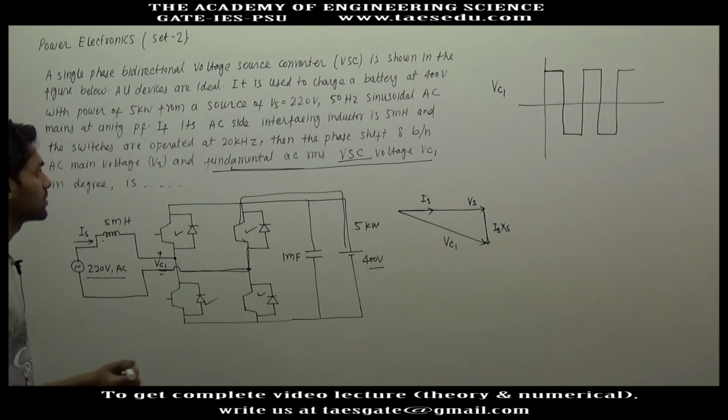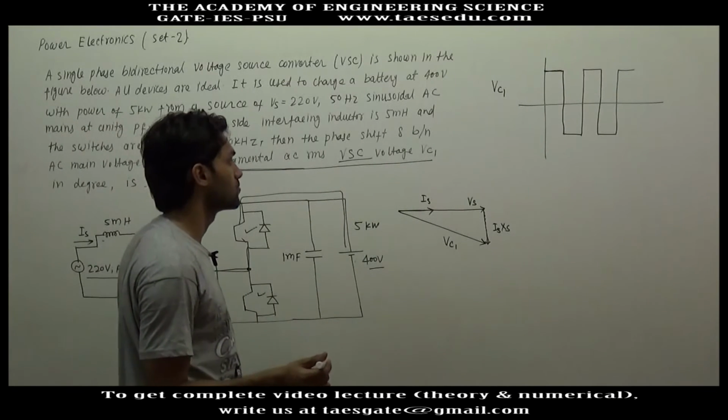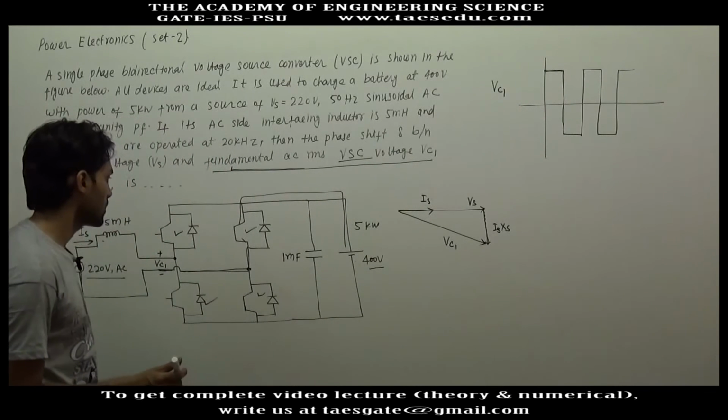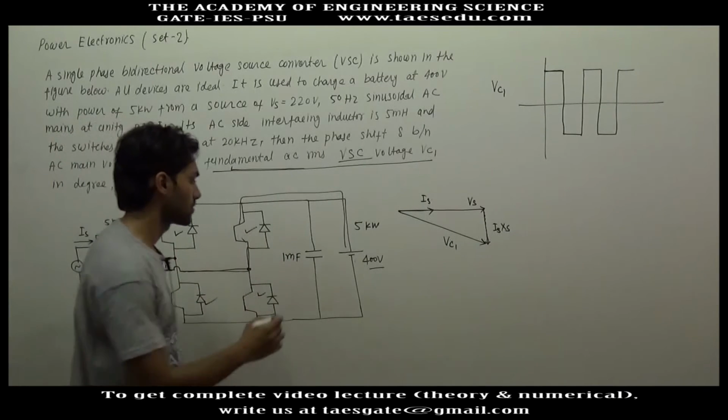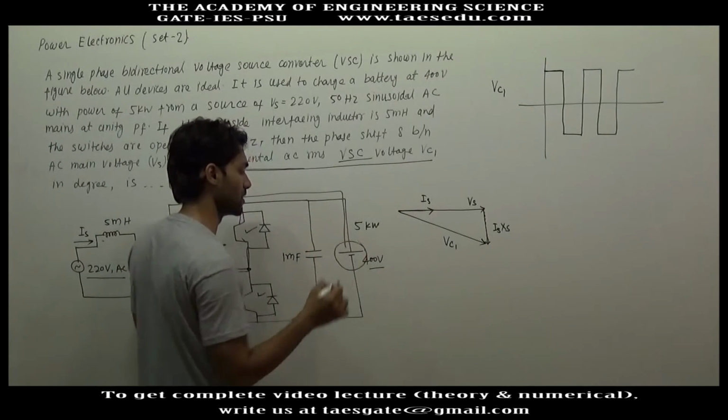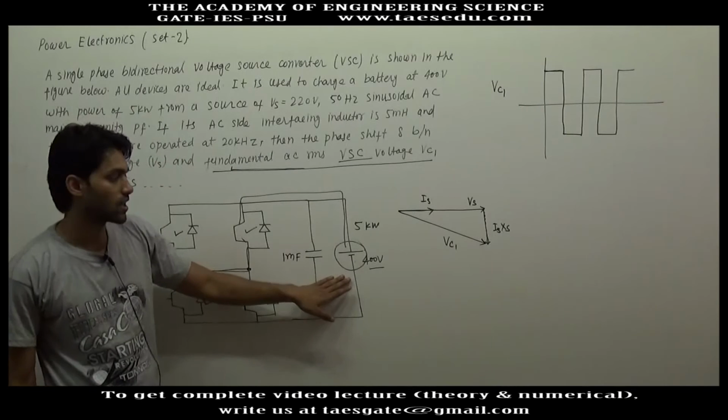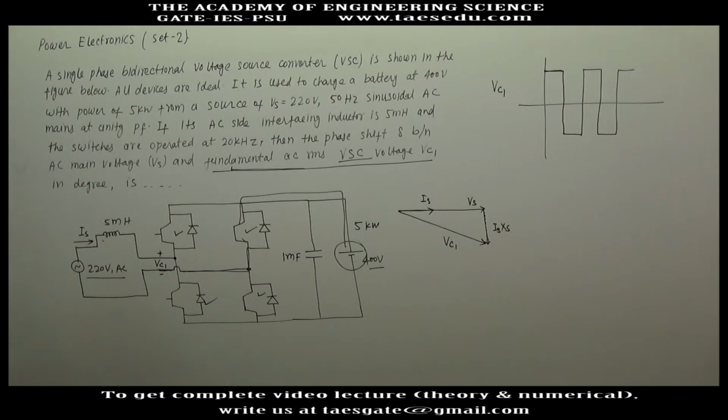So there will be a fundamental component of this voltage, because after this point this is a constant voltage 400. So there cannot be any fundamental component of this constant DC voltage.